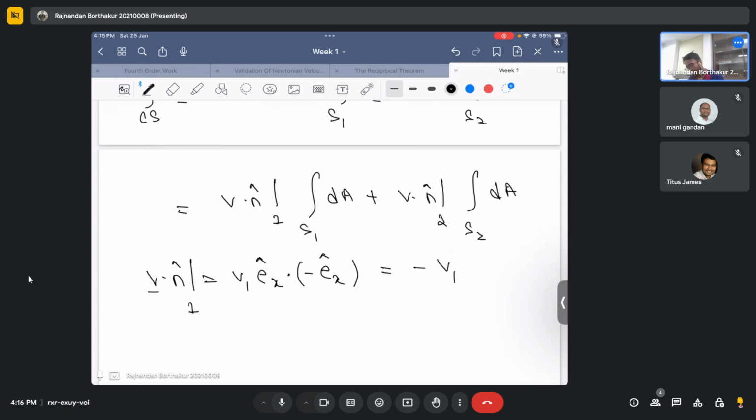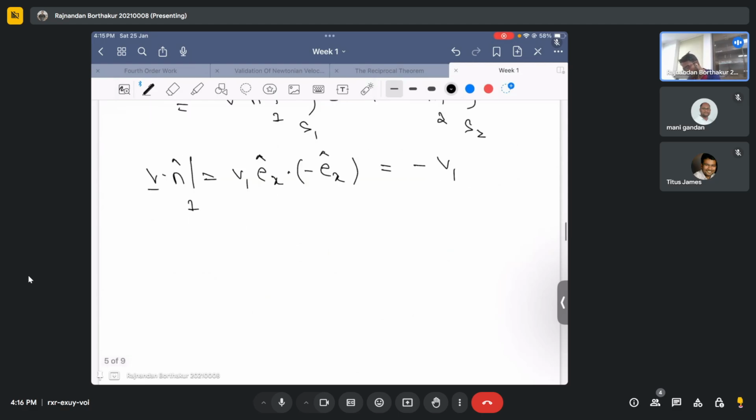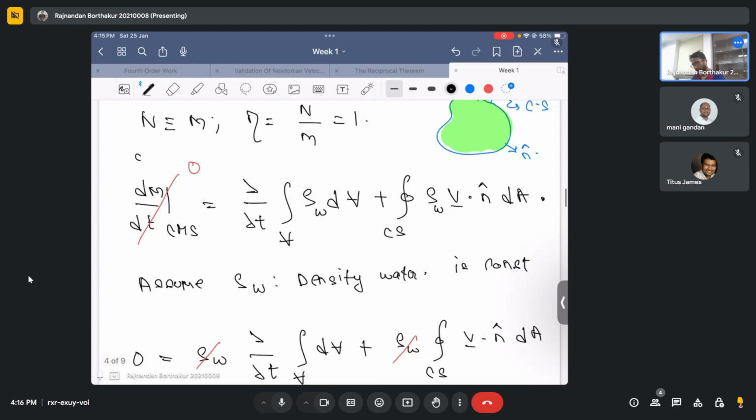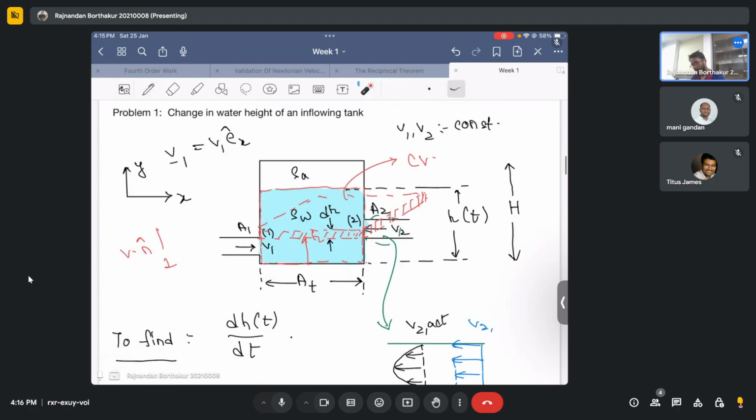Okay, similarly, can you tell me what is v dot n hat for surface 2? Can you tell me just by looking at this figure, based on the explanation that I gave for surface 1, where the direction of velocity for surface 2 is in this direction?